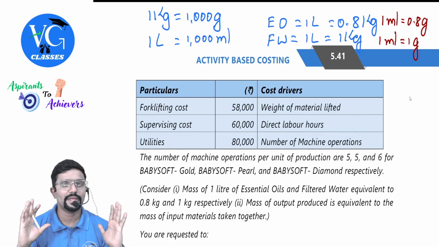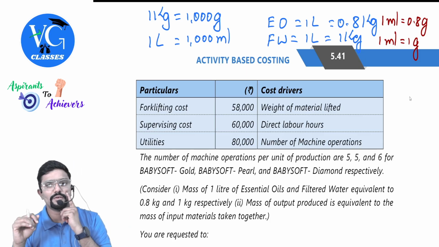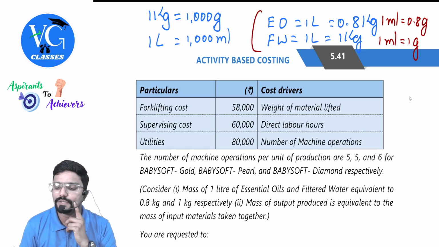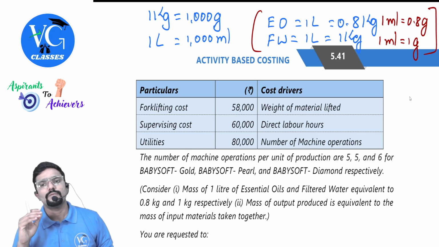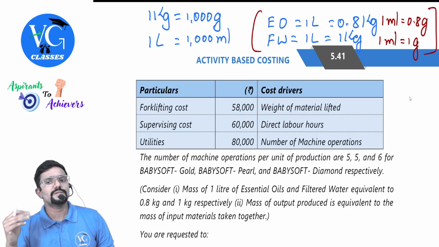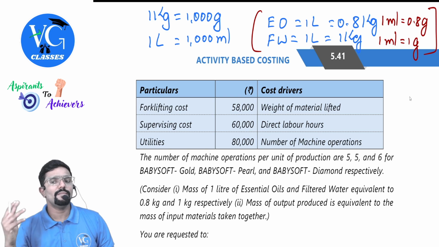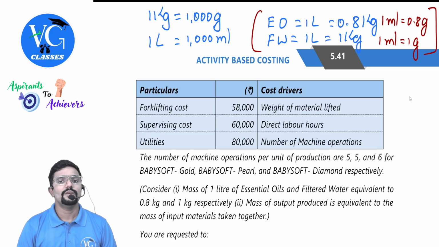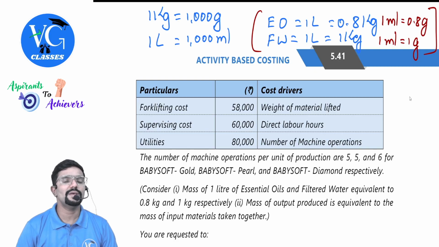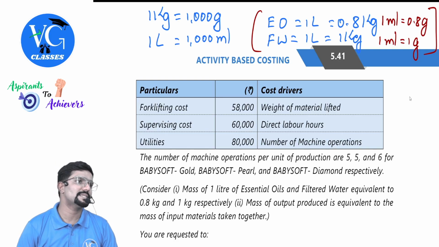Yes. If you want, make a note of it. This part is given in the question only. I have just done it at the end. When 1 liter is equal to 0.8 kg, that means 1 ml is equal to 0.8 grams. Same way, for filtered water, 1 liter is equal to 1 kg means 1 ml is equal to 1 gram, guys.